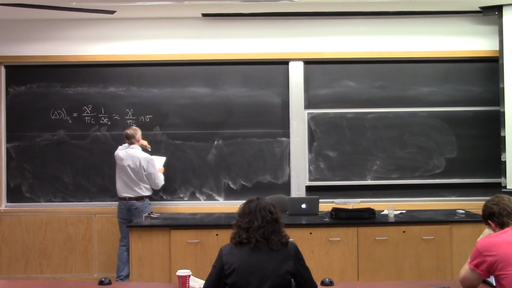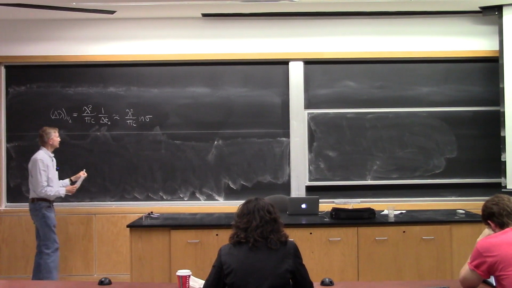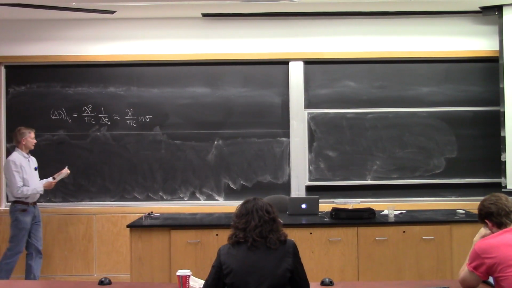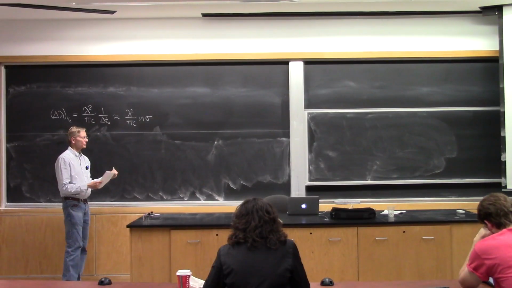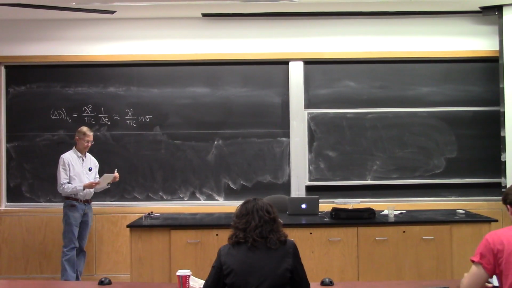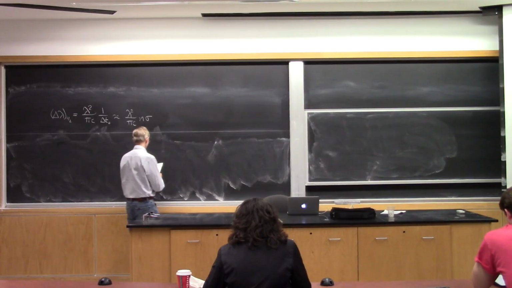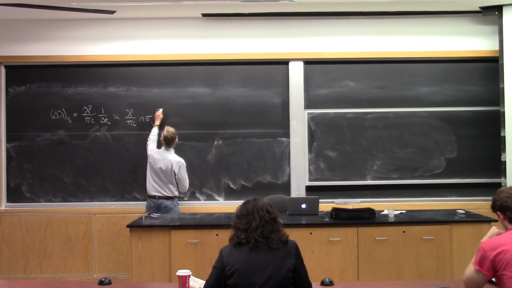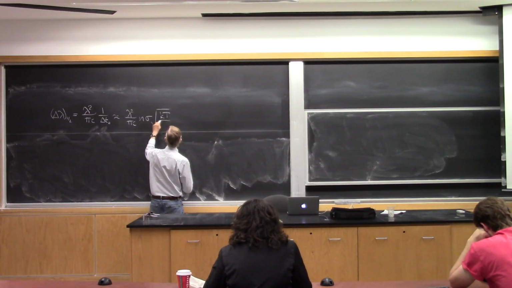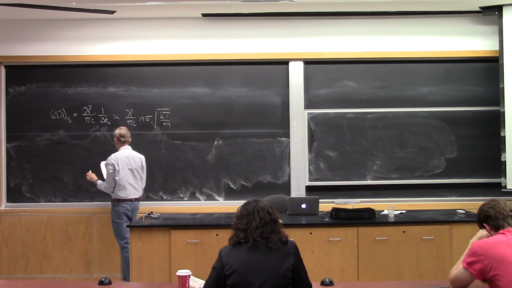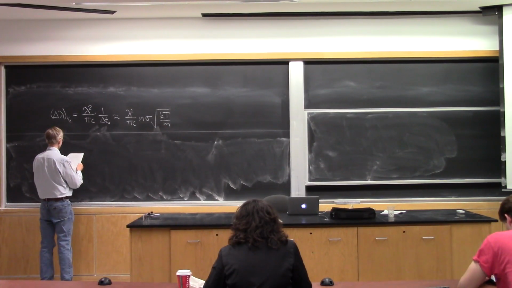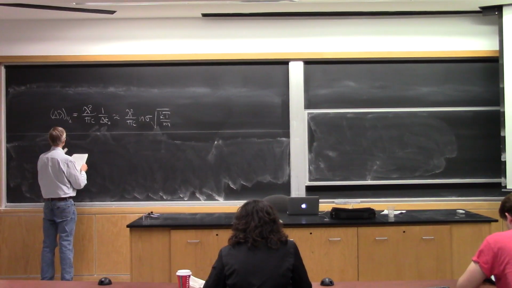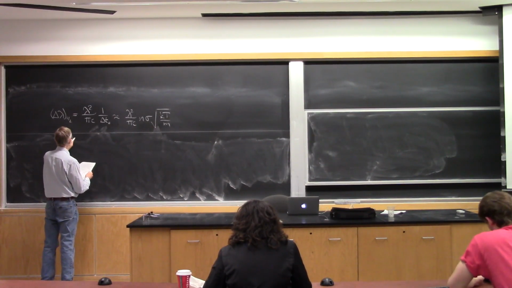N is number density, number of particles per cubic meter. Sigma is not the Stefan-Boltzmann constant, it's the cross section, remember, for interactions. The point here is that the line width depends on the number density.